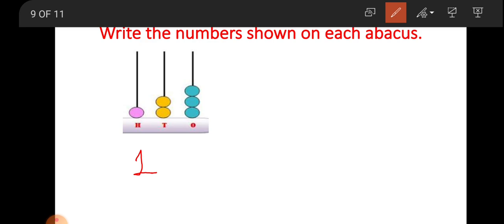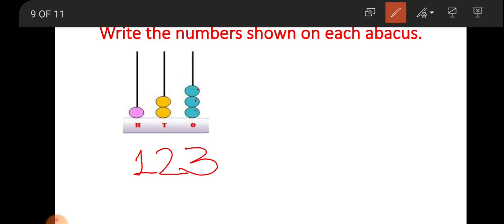Then T, that means tens place. In the tens place 2 beads are given, so write 2 in the tens place. Last, ones. O means ones place. In the ones place 3 beads are given. 1, 2, 3. So write 3 in the ones place.